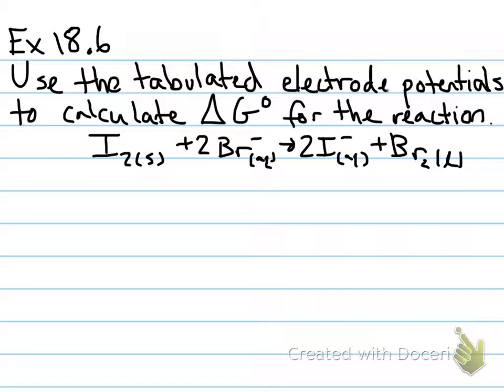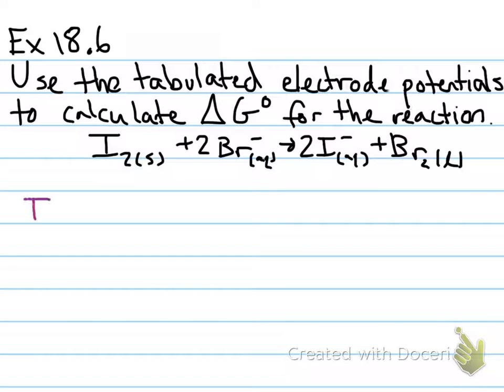Let's try a problem. Use the tabulated electrode potentials to calculate delta G for the following reaction. Those tabulated electrode potentials is that chart, the reduction potentials that we've been looking at. So our first step is to break this into half reactions.